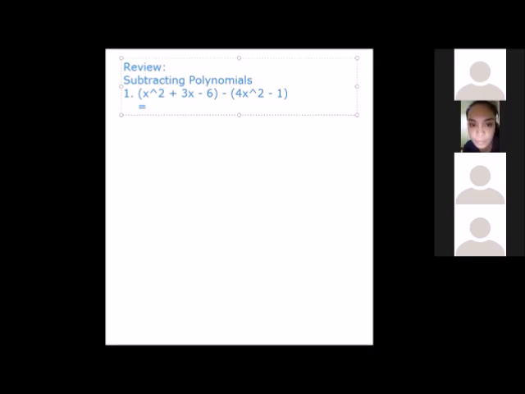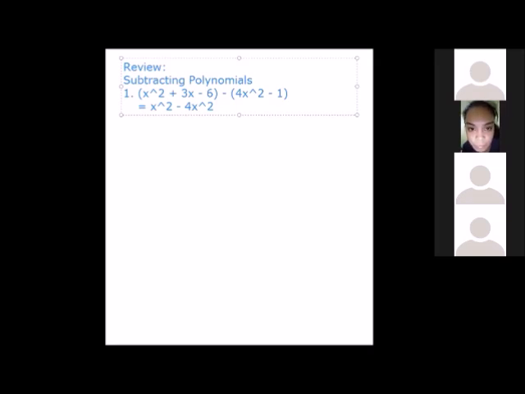So I'm having here x squared from our first polynomial combined with our negative 4x squared. And then our 3x is a term with the variable x, which is the only term with the variable x among the polynomials.